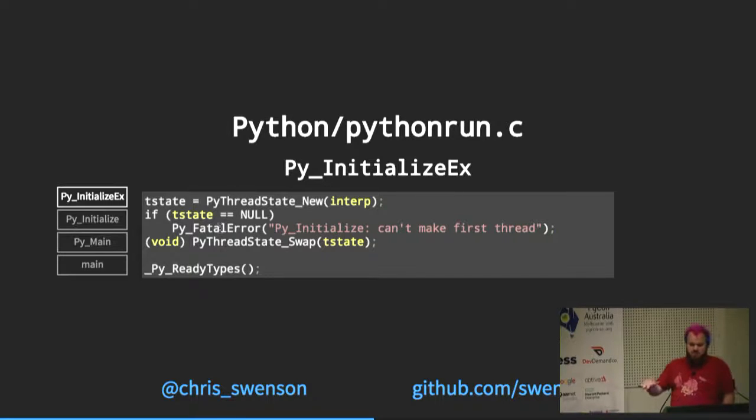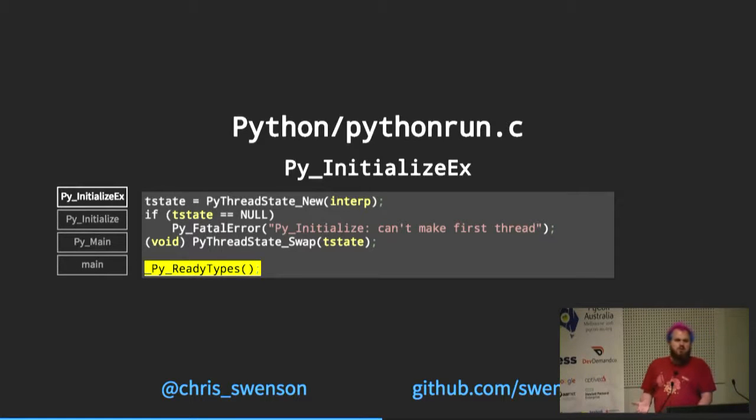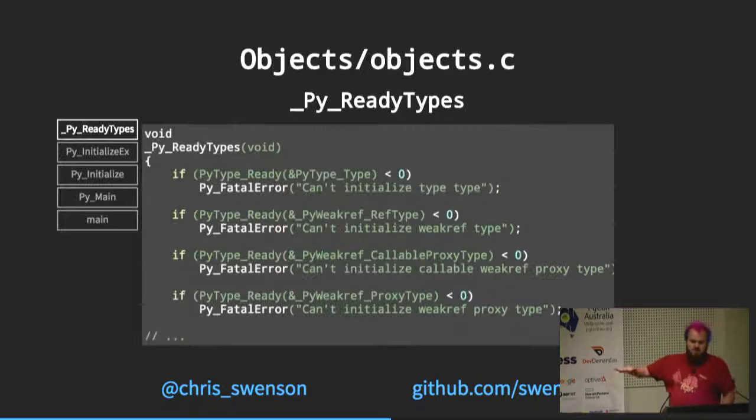And then a really interesting thing happens, which is ready types. So ready types is a lot of the core of what I feel like Python boot up is. The stuff so far is good, parsing command line options and stuff like that. But what we really want to see is this code right here, where we're going through every single one of the built-in types and booting them up, getting them ready to start Python code. You have to make sure that your object class is initialized and int is initialized and all that kind of stuff.